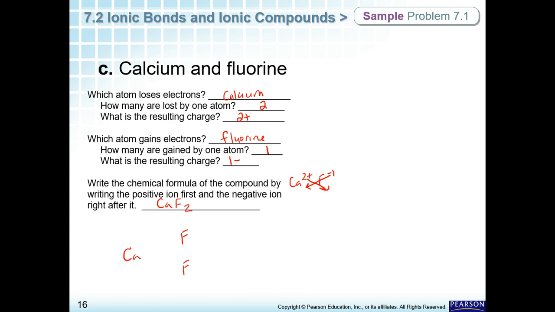Remember, the dots are how many valence electrons it has. So calcium has 2. Fluorine has 7 each. And then you just kind of draw your arrows for where they need to go. This calcium goes here, and this calcium goes here to make sure each fluorine has 8 valence electrons.